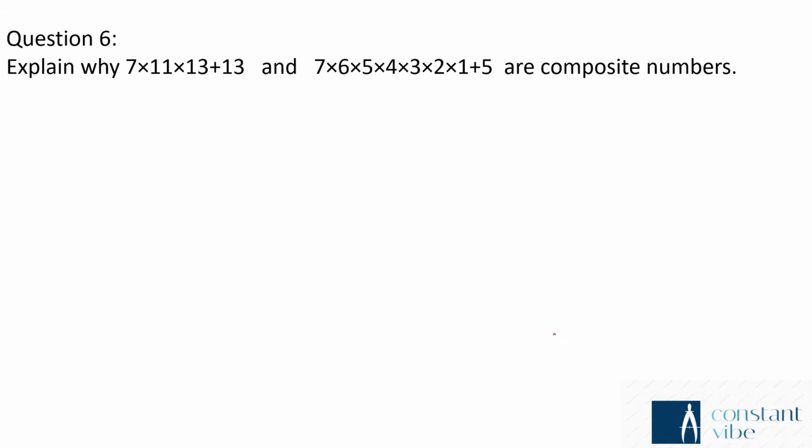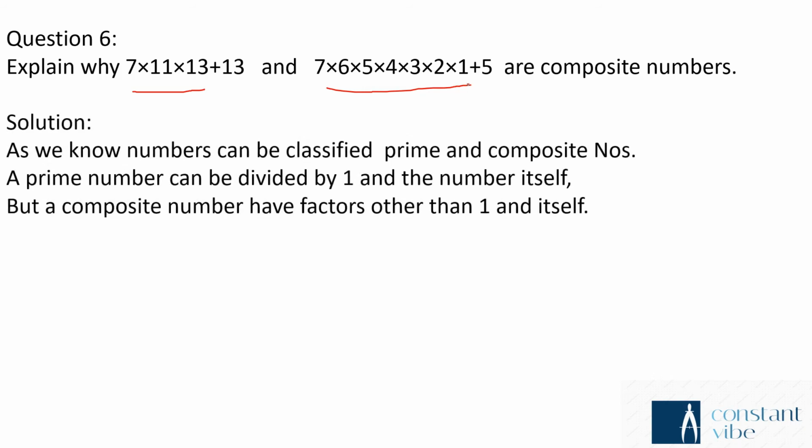Next question is explain why these two are composite numbers. The question is why. So let us see how to solve. As we know, numbers can be classified as prime and composite numbers.